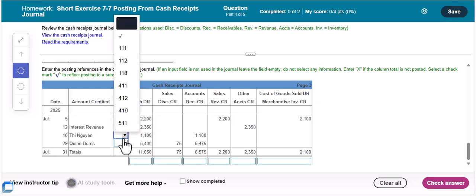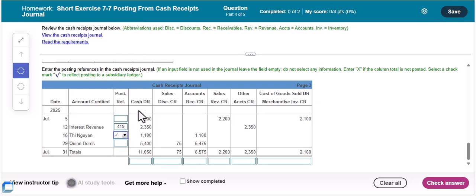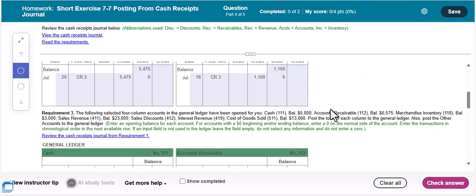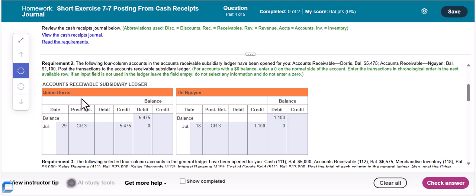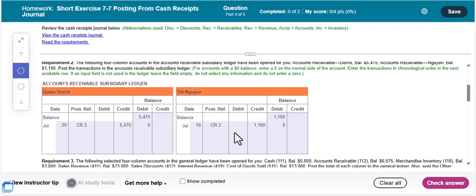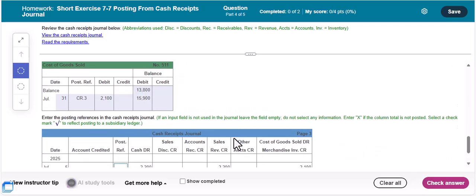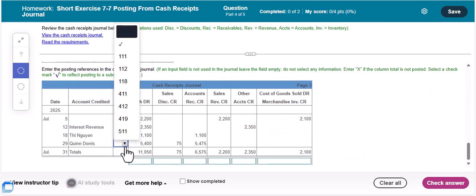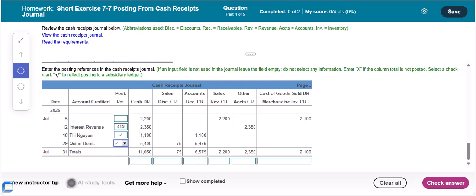So that is going to be a check mark. And then we're going to do the same here for Doris. So we go back up to the orange, our AR subledgers. We did credit 54.75. So that was good. And we do a mark there.